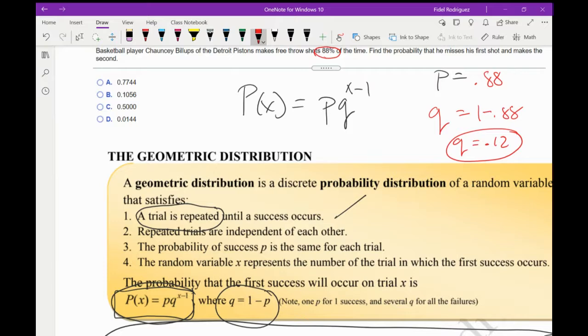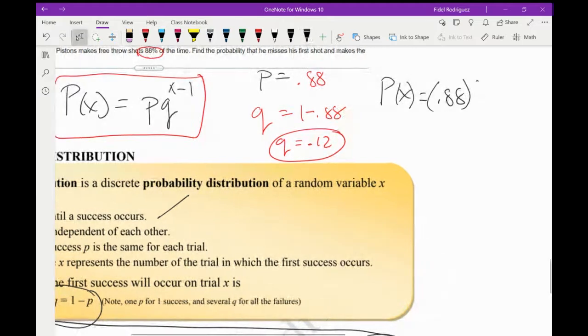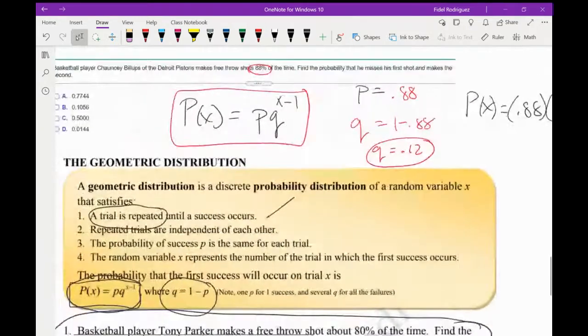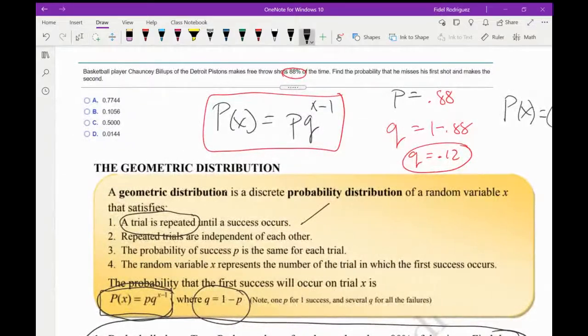All I'm going to do here is fill in the blanks. So I'm going to say P of X is equal to 0.88, in parentheses because I'm going to be multiplying, times 0.12 to the power x minus 1. Now notice, it says find the probability that he misses the first one, but when does he make it?